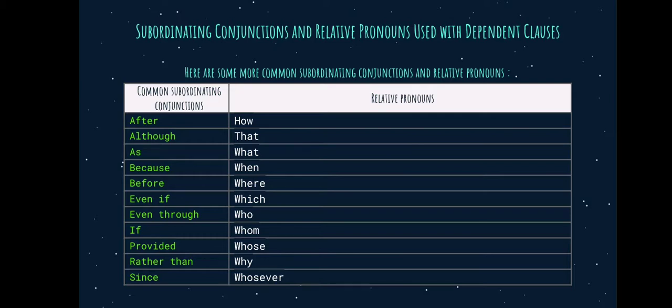Common subordinating conjunctions: after, although, as, because, before, even if, even though, if, provided, rather than, and since. Relative pronouns: how, that, what, when, where, which, who, whom, whose, why, and whosever.